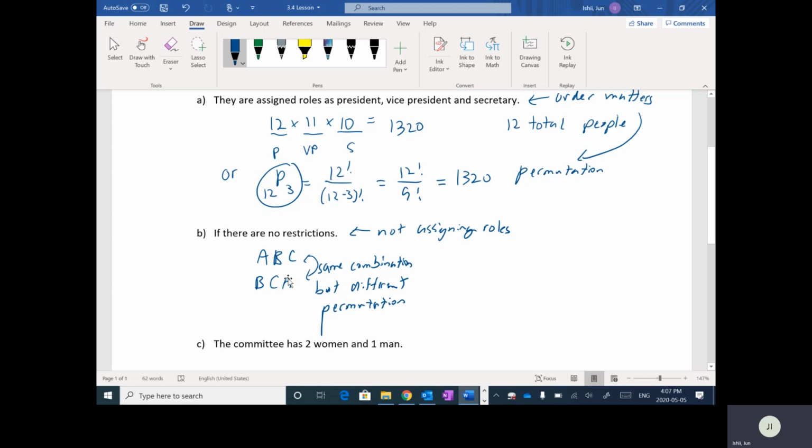So the order that you pick them matters, whereas they're the same combination because it's just the same three people in general. So combinations are more general in a way, and permutations are more specific.